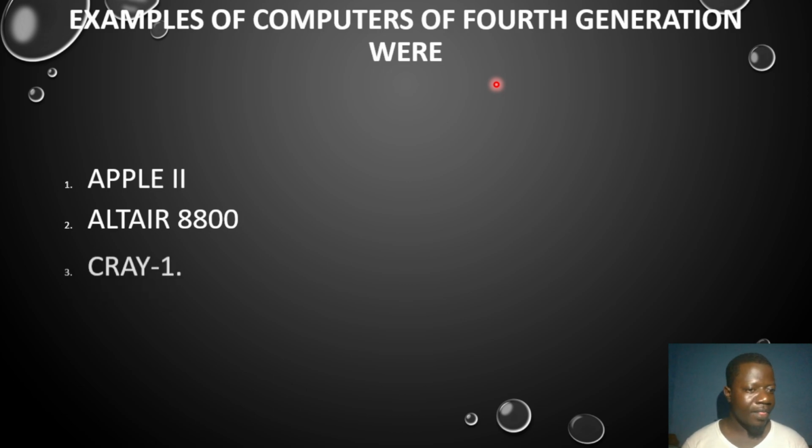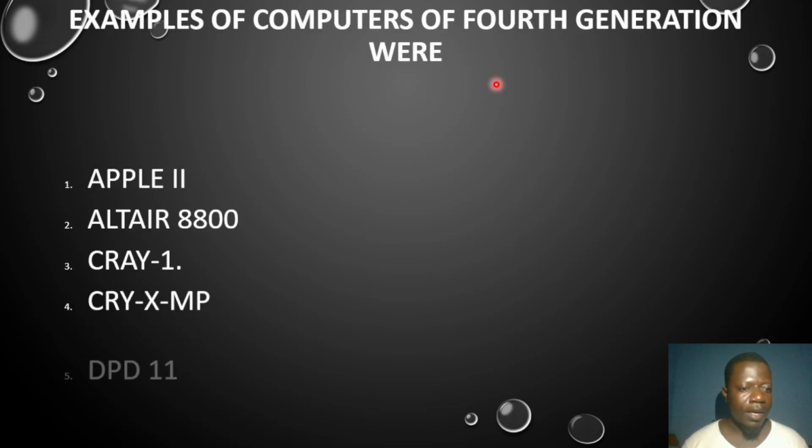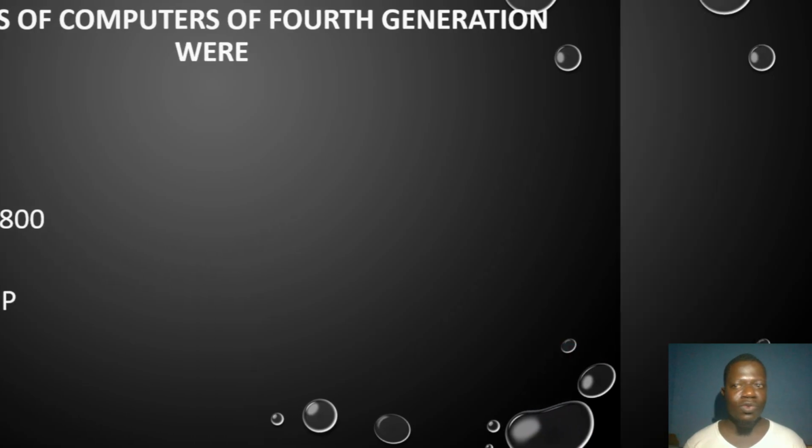We have the Cray 1. We have the Cray X-MP. And then we have the PDP-11. So these were some computers that make use of the microprocessor technology that was introduced in the fourth generation between the period of 1970s to 1980s.